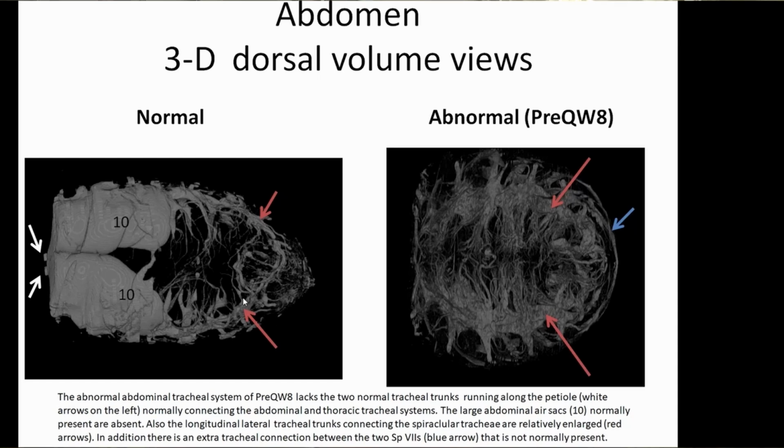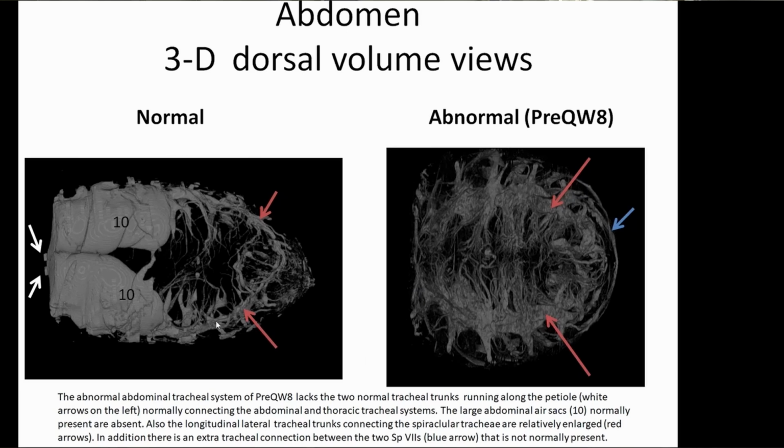In wasp number 8, we first of all were totally unable to find any connection between the abdomen and thorax. There are no petiolar vessels.